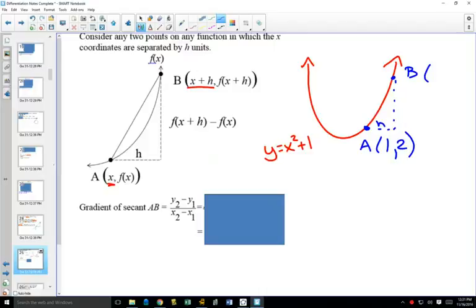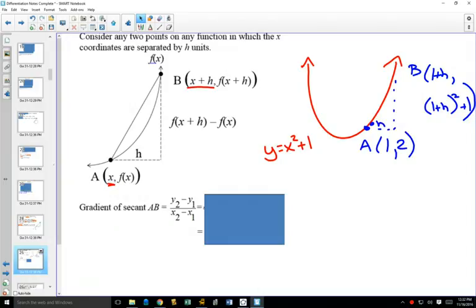This point would be 1 plus h. And if I plug that into my equation, it would be (1 plus h) all squared plus 1. That would be my y coordinate. Now, as I make this point B come closer and closer and closer, can you see that my h is going to get smaller and smaller and smaller?